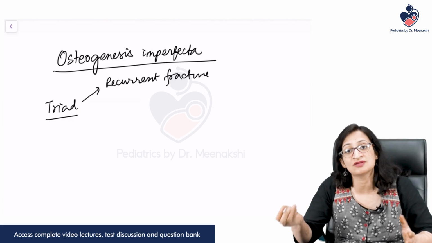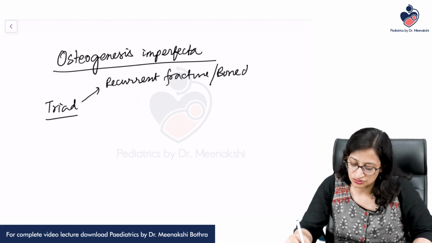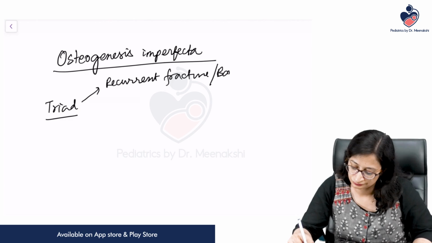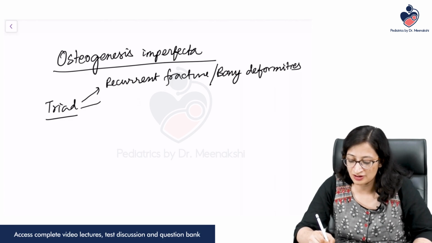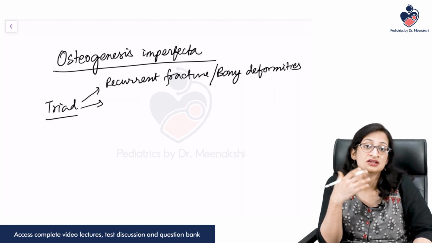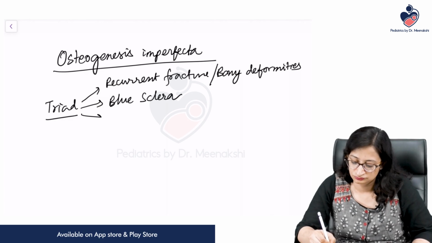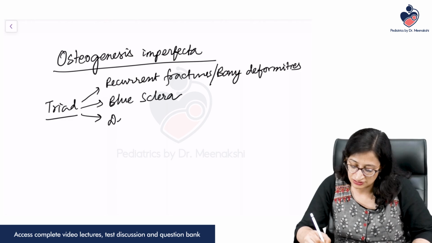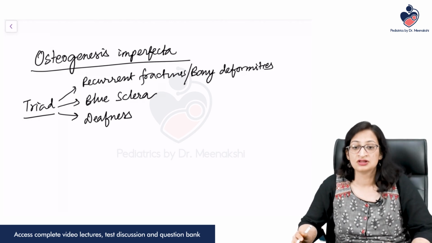Because of the recurrent fractures and their malunion, there will be bony deformities. Blue sclera. You know the white part of the eye is blue in them. Recurrent fractures, blue sclera and deafness. So, that is the classical triad that you get in osteogenesis imperfecta.